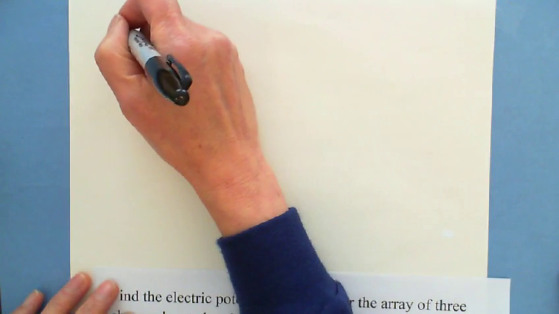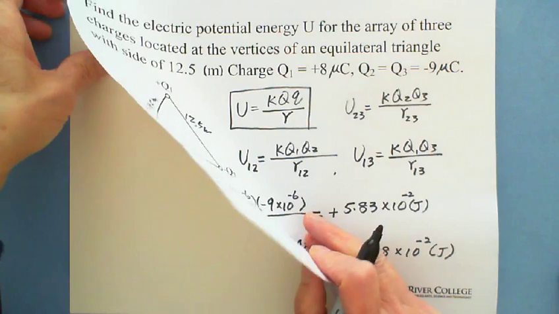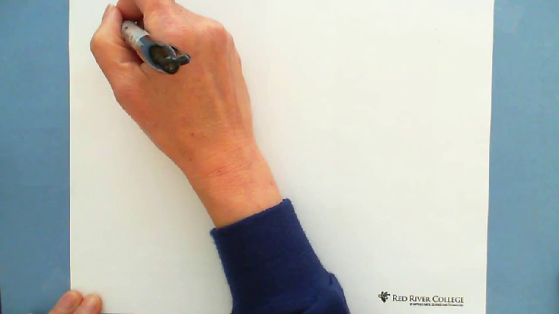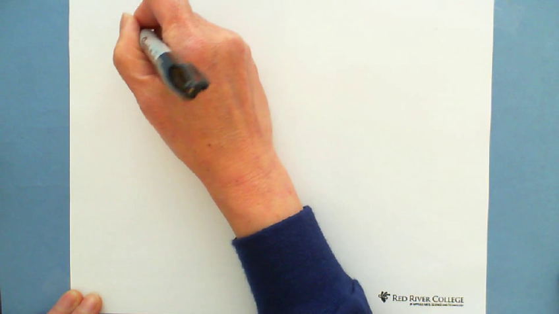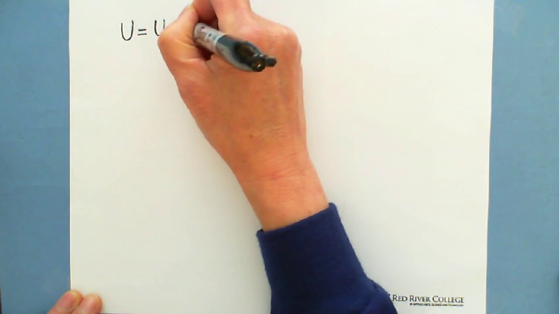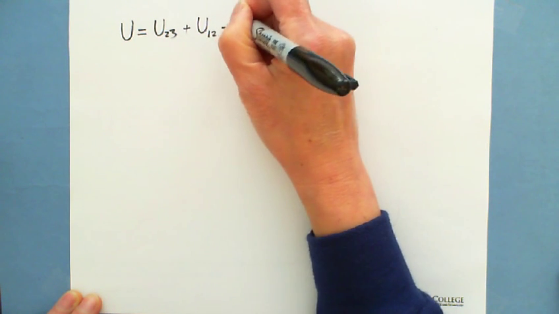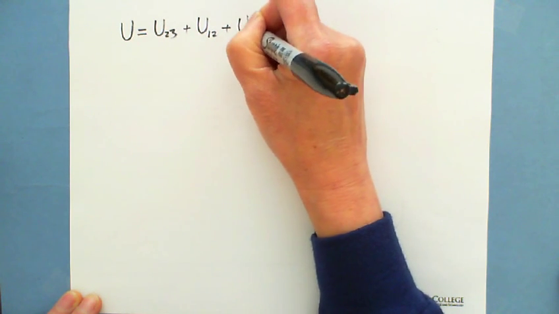So the total U equals U23 plus U12 plus U13.